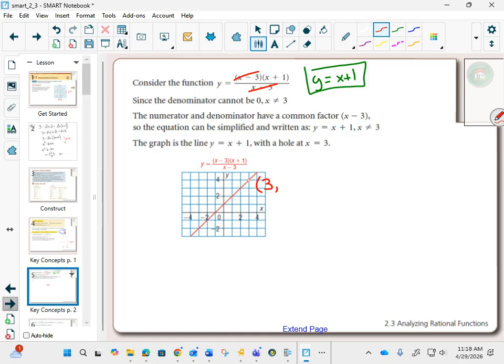To find the y coordinate of the hole, if I graphed y equals x plus 1 normally without a hole, I would have had the point (3, 4), since plugging in 3 into x plus 1 makes 4. That normally would have been the point, but since that's not allowed, that is now the coordinates of the hole. So we find the coordinates of the hole by plugging the non-permissible value into the new equation.